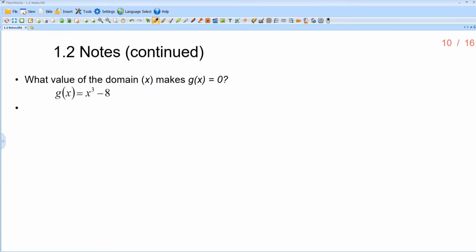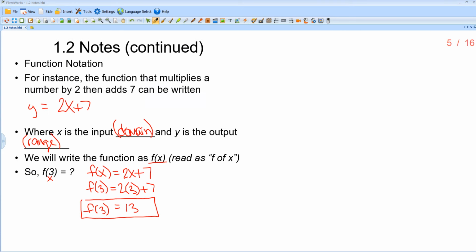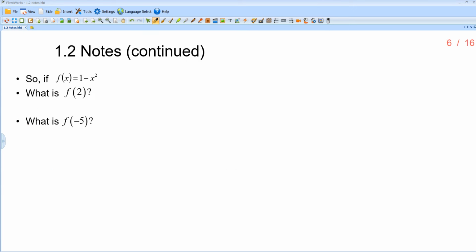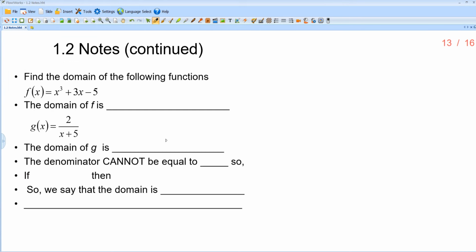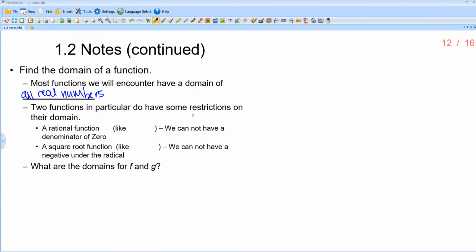I'm just going to jump back a little bit. If I go all the way back here, when I have 2x plus 7, there is nothing that I cannot put in for x and get some value. I could put anything in there. And that's how a lot of the problems that we deal with are going to be. However, we will have things that do have some restrictions.